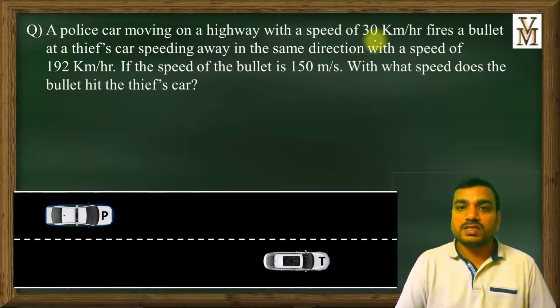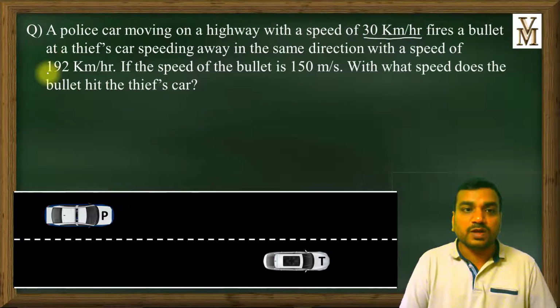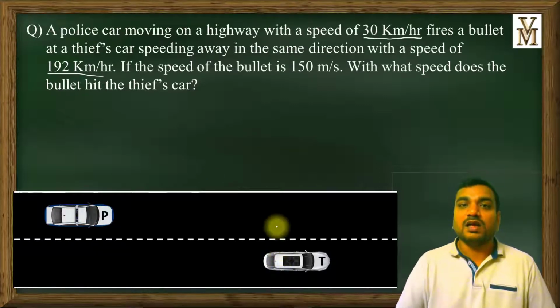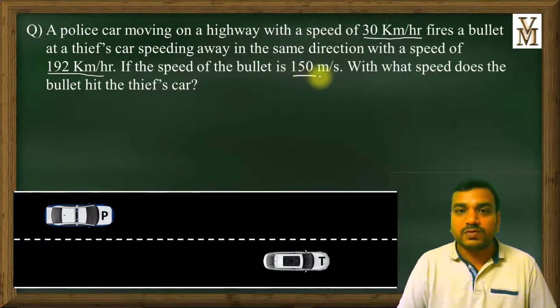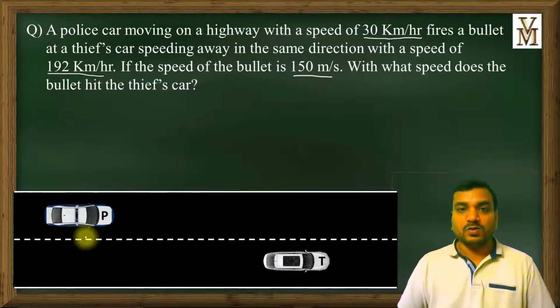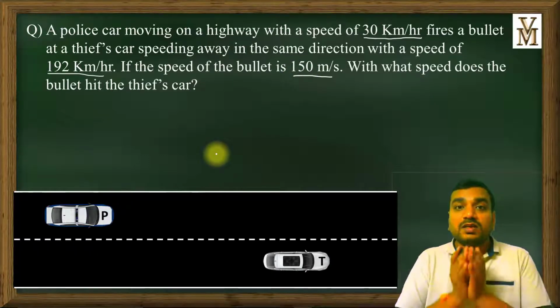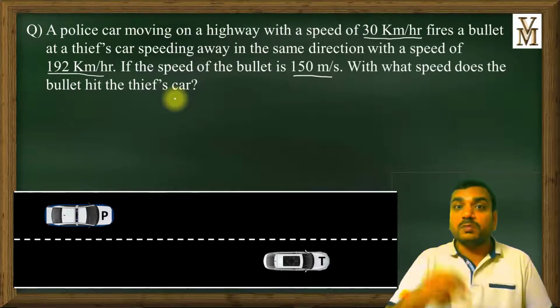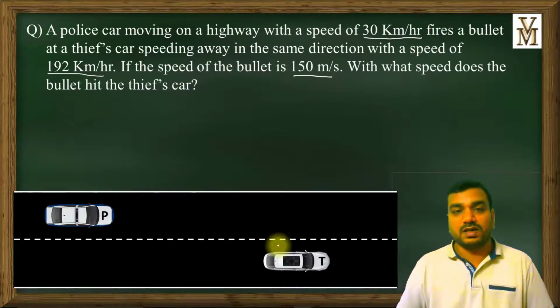The police car is moving with a speed of 30 km per hour, and the thief's car is moving with a speed of 192 km per hour. The police inside the police vehicle is going to fire a bullet at the thief's car, and the speed of that bullet is 150 meter per second. The question is asking with what speed the bullet is going to hit the thief's car.